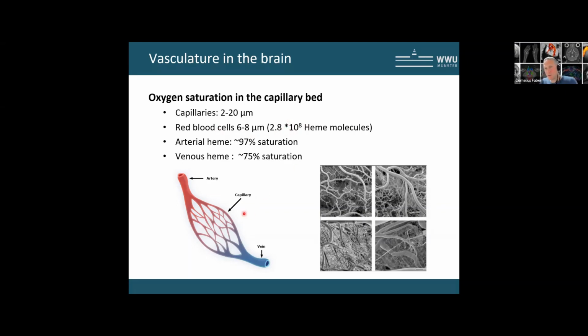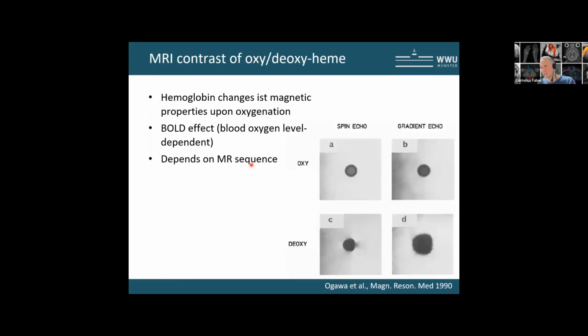And the point is now that in the capillary bed, the oxygen is diffusing into the tissue where the oxygen is consumed. And this is leading to the fact that the arterial heme is basically saturated, while the venous heme is only saturated by 75%. So 25% is suddenly paramagnetic, and this paramagnetic effect changes our MR signal.